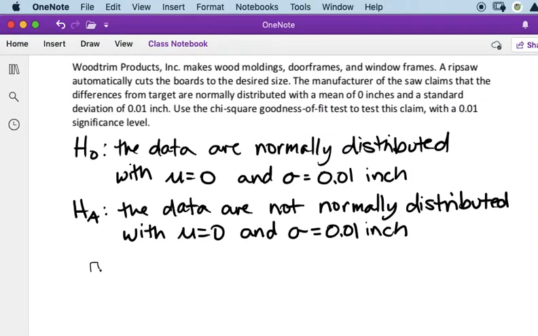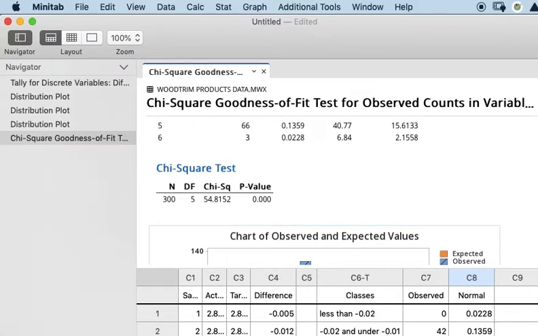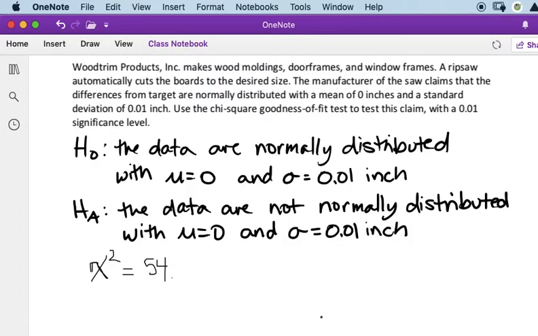It kind of looks like an X with a squared. The fancy looking X is the letter chi. So the chi-square value is 54.8152. Switch to my other marker here. 54.8152.